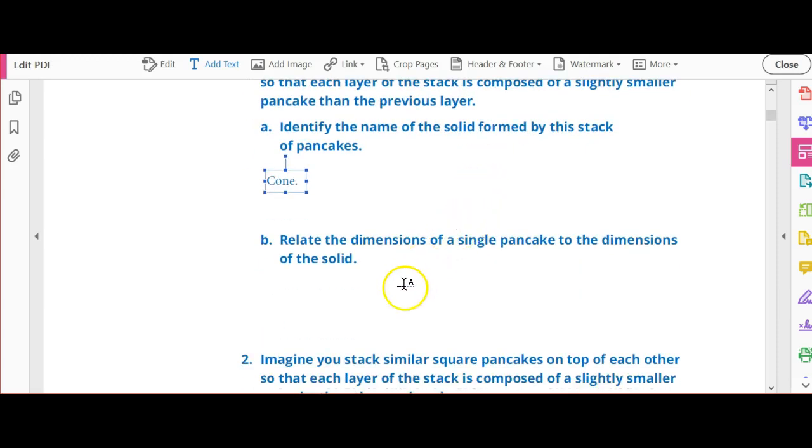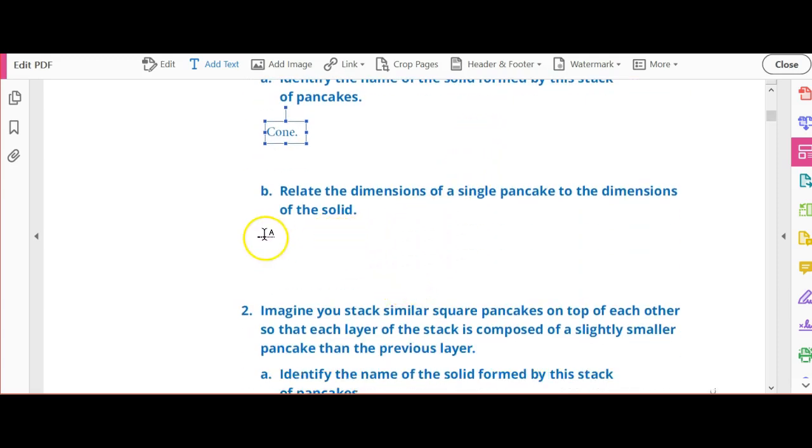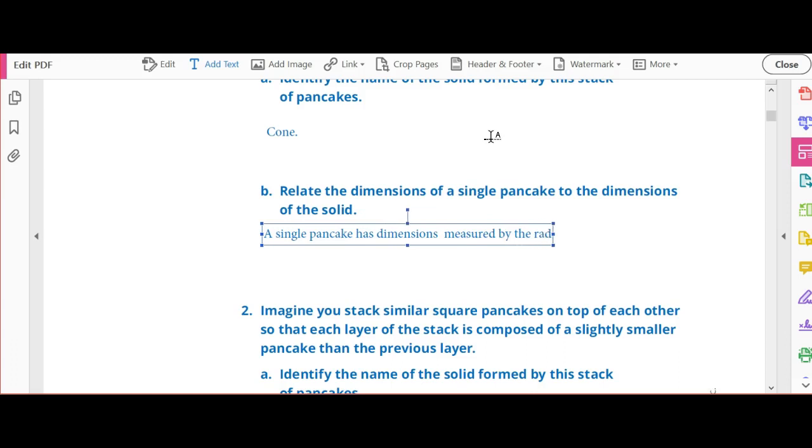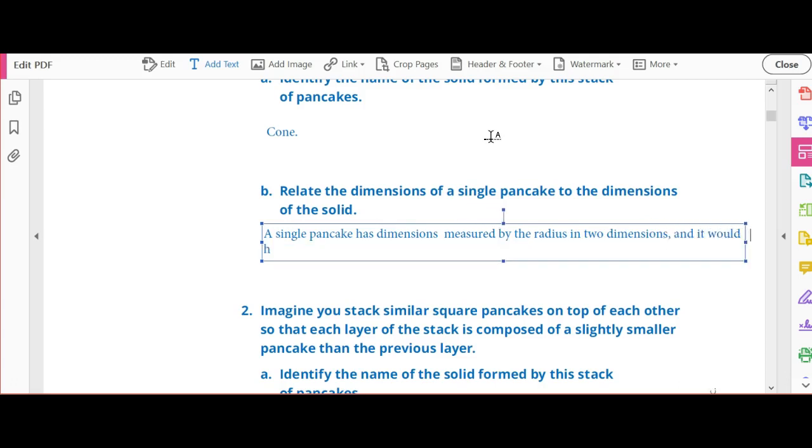Relate the dimensions of a single pancake to the dimensions of the solid. So a single pancake has dimensions measured by the radius in 2 dimensions, and it would have a height as well.